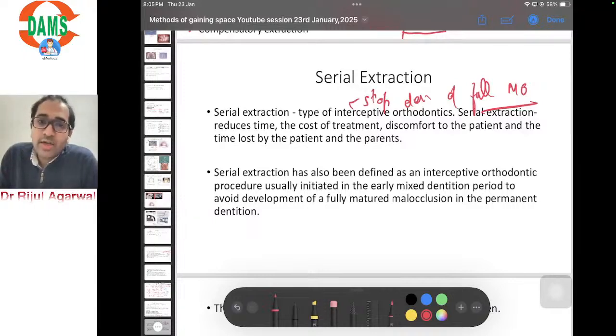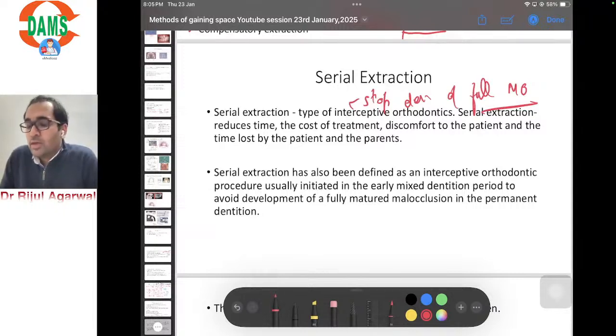It reduces the time, the cost of treatment, the discomfort to the patient, and the time lost by the patient and the parents. Generally we intercept the occurrence of full malocclusion, which will happen once the permanent teeth erupt, so as to avoid its development into a full-blown malocclusion.